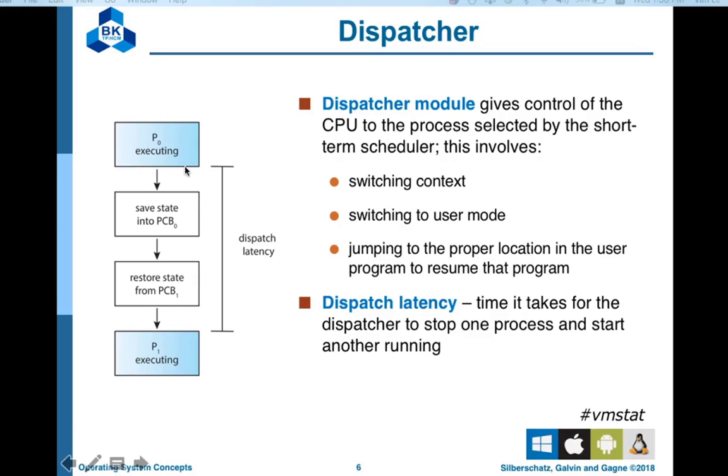The time from here to here we call dispatch latency. And you remember that we consider the dispatch latency as overhead of the operating system. We don't count the dispatch latency as overhead of a process. Okay.